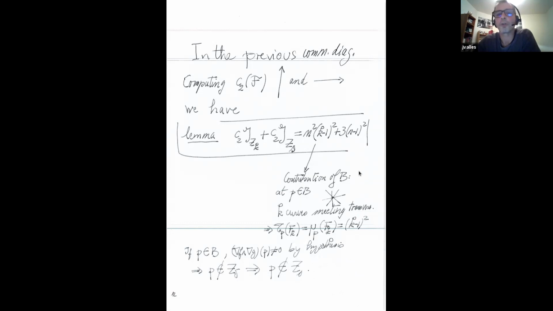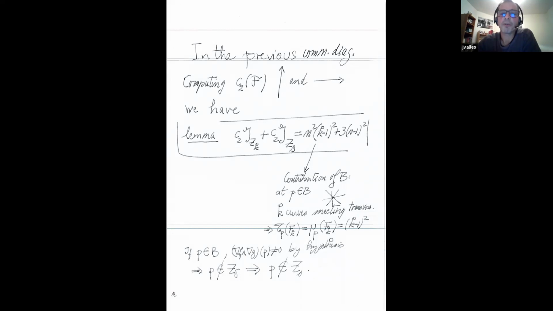There are n squared points, so we have all these numbers here. And we can observe also that if P is in B, by hypothesis, this nabla F wedge nabla G evaluated at P won't be 0, because by hypothesis we have n squared points of intersection.